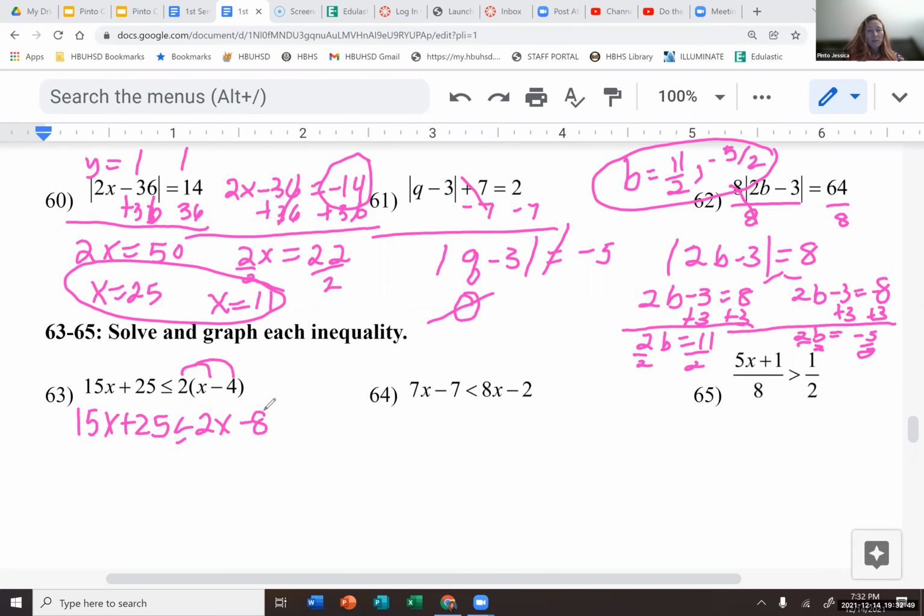Then I see that 15 is bigger, so I subtract 2x on both sides, just because I prefer to have positive variables. So if all the numbers are going to be on the right side, that means I'm going to subtract 25 to put all the numbers on the other side. So that gives me 13x less than or equal to negative, adding 25 and 8, I think I get 33.